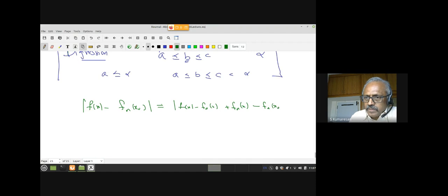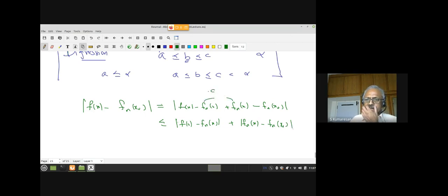Again I am using the triangle inequality. Do you see that? |f(x) - fn(x)| + |fn(x) - fn(x0)|. This is my estimate now. Why do I know? Because fn converges to f uniformly. Therefore, if n is very large, |f(x) - fn(x)| will be small. Very good.